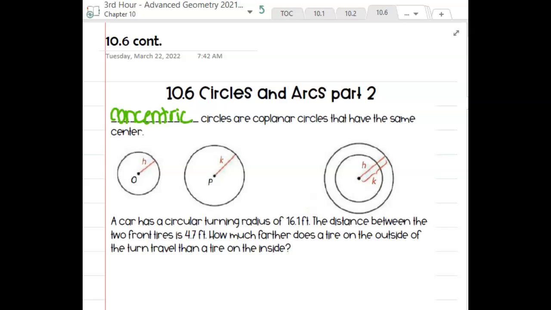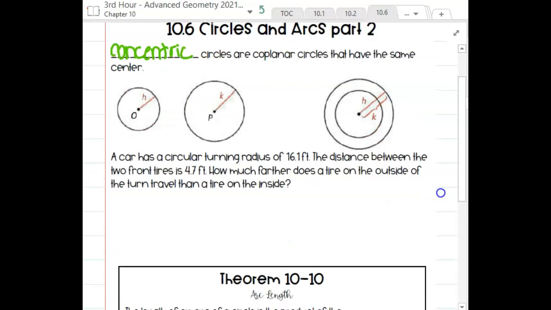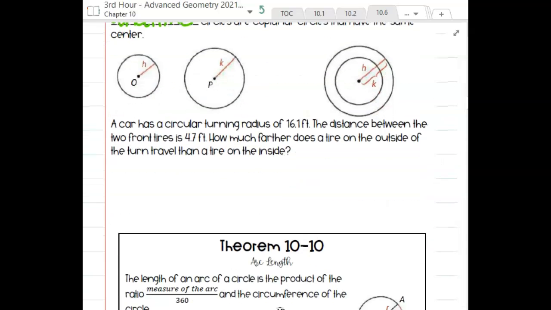Coplanar just means they're on the same plane. You don't have one flat and the other vertical, or even tilted. They're flat circles on the same plane, and they have the same center, so they're circles inside one another. We're going to use this idea of concentric circles to solve word problems!